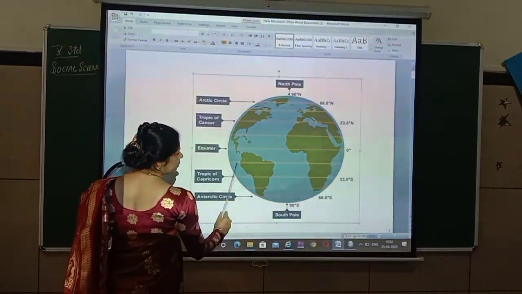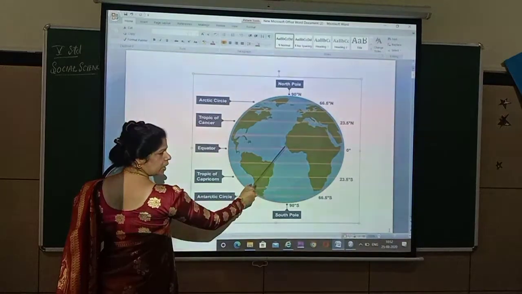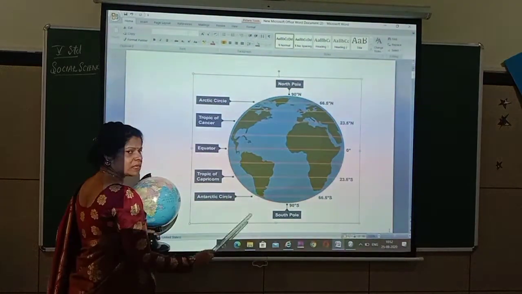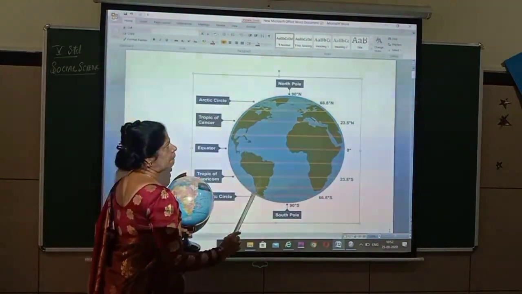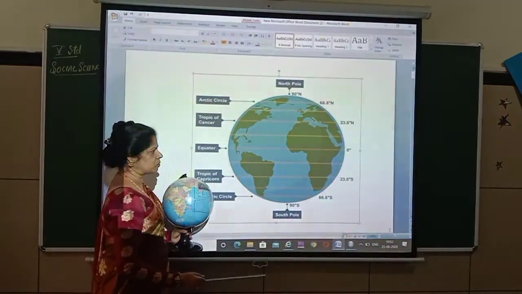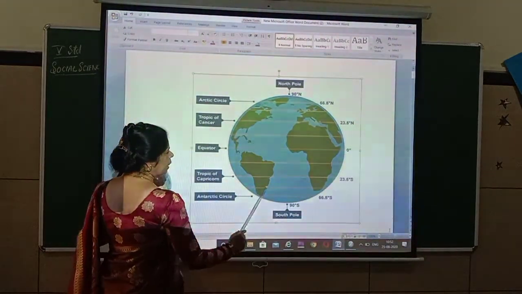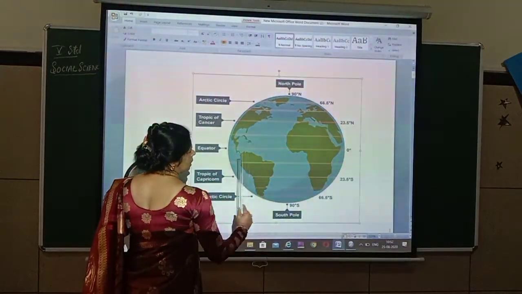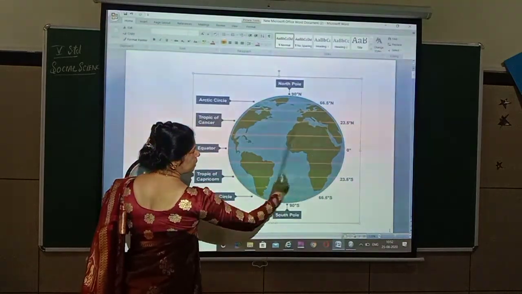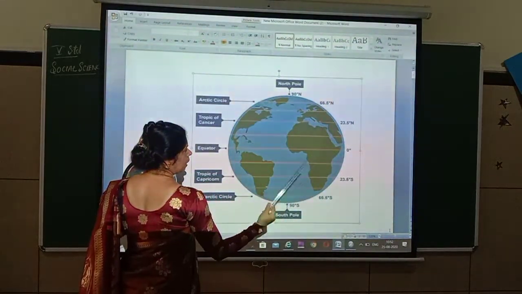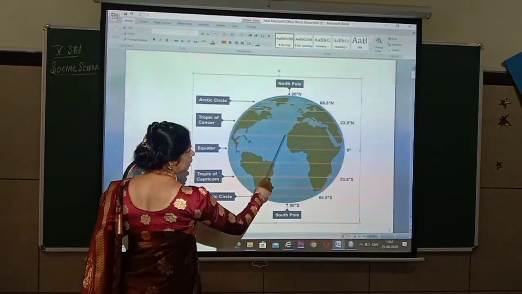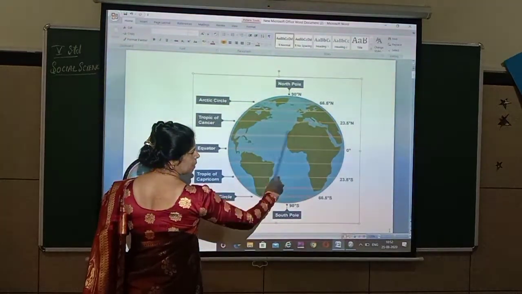So you can see they are moving parallel to the equator. So they are called parallels or latitudes. When they are moving like this, they move in the east to west direction. So when it comes, see, from here to here, you can see the distance is becoming less.